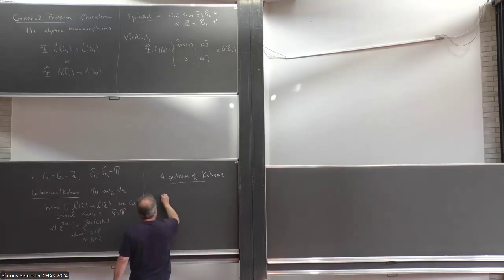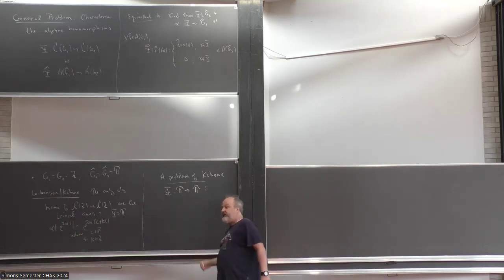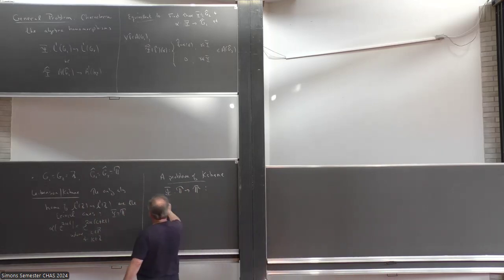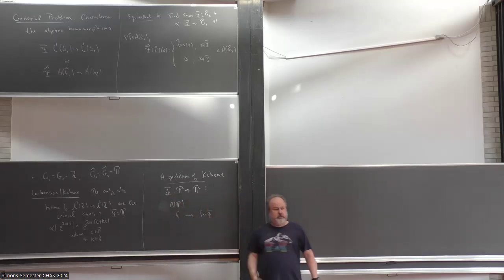Again, we're going to look at mappings from the circle to the circle. But now we want to relax the condition. Suppose I start with an absolutely convergent Fourier series, and then I look at the composition with this mapping, just the change of variables we discussed.